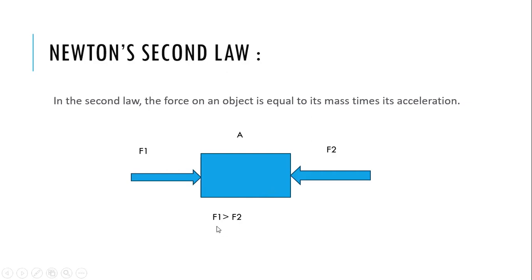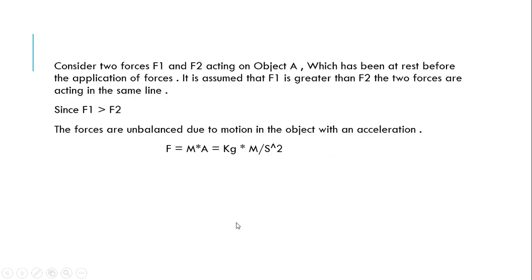Here, the two forces are not equal. One will be greater than the other. Let us assume F1 is greater than F2. In such a case, we say that the two forces are unbalanced in nature.